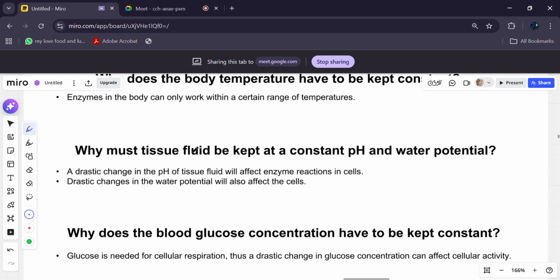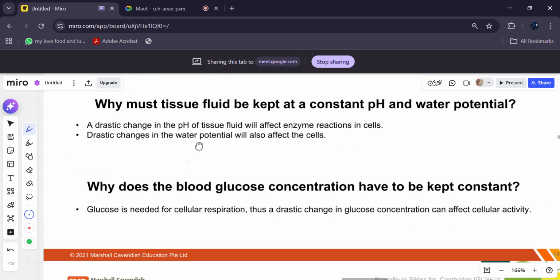When the water becomes too acidic or too alkaline, the enzyme reactions are affected. So the composition of the tissue fluid must be kept within very narrow limits, and this will help ensure that the tissue fluid is kept at a constant pH and water potential.